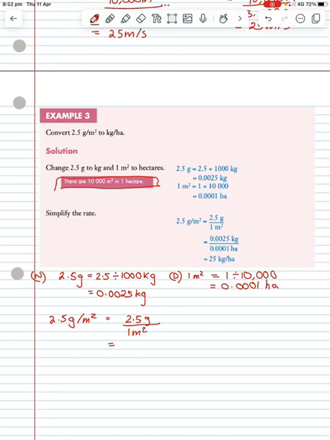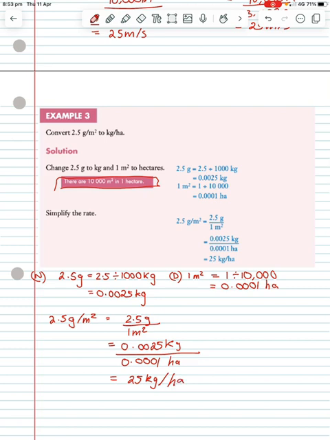We're then going to take this and change it to our kilograms and hectares. So 0.0025 kilograms over 0.0001 hectares. And then if we simplify that, we're going to get 25 kilograms per hectare.